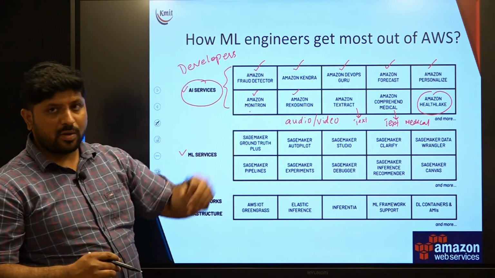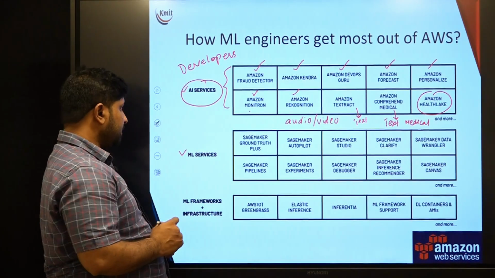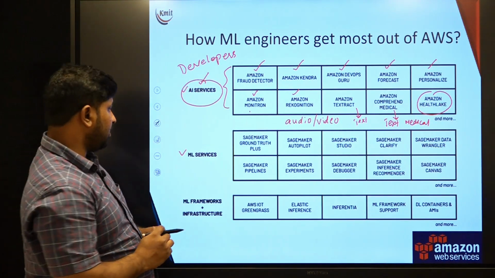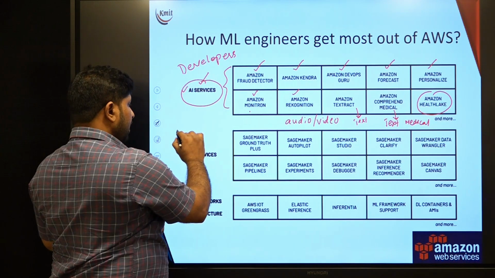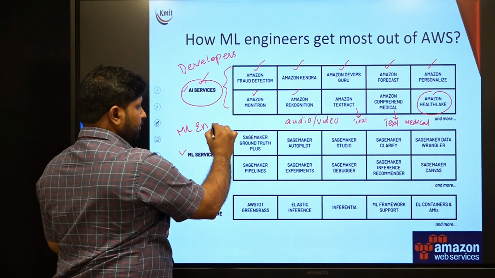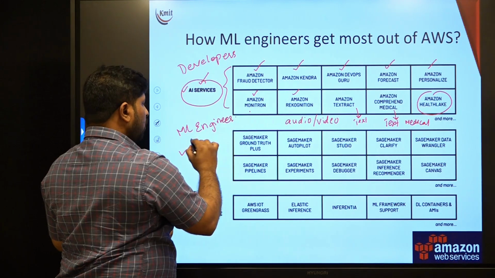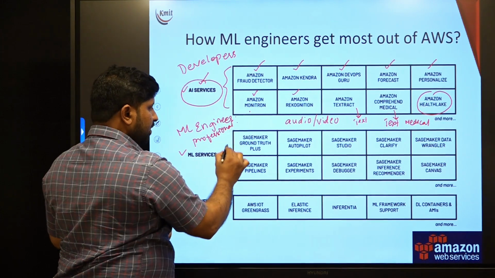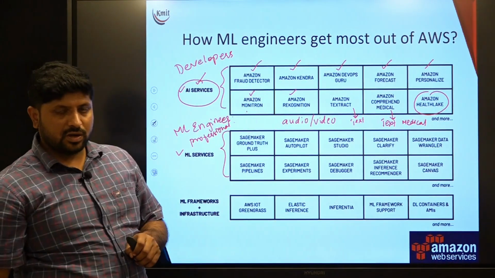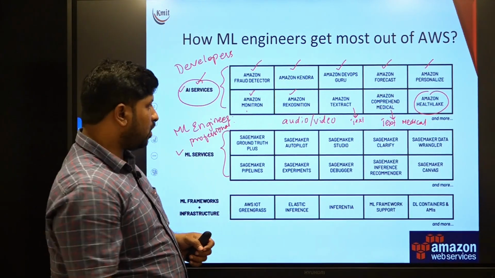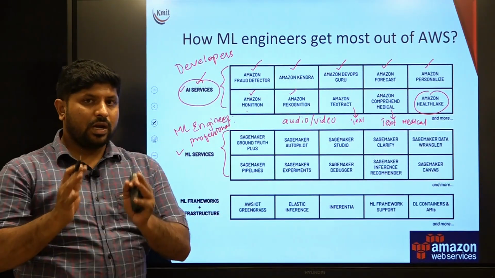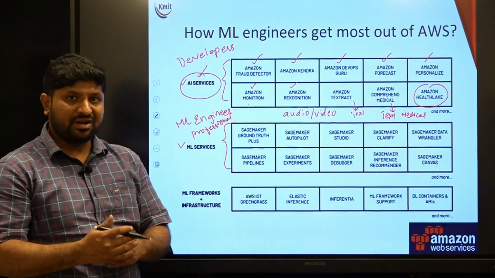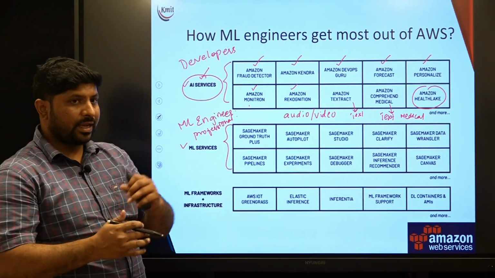Not only these, we do have many more things if we consider AI, that is artificial intelligence. If you are an ML engineer or a professional, then you may adopt this layer of services which falls under ML services. Why? Because this requires some knowledge about machine learning: how machine learning models can be built, trained, deployed and evaluated.